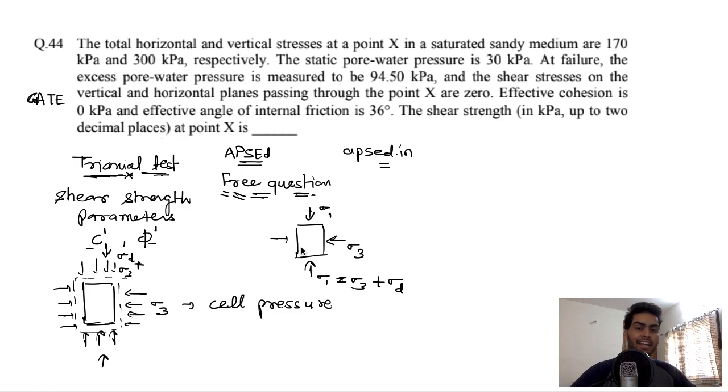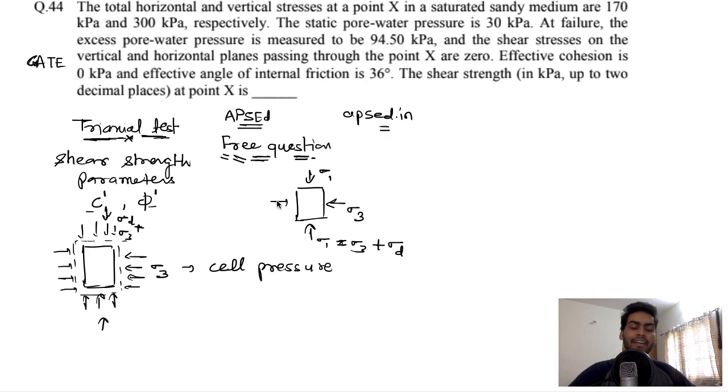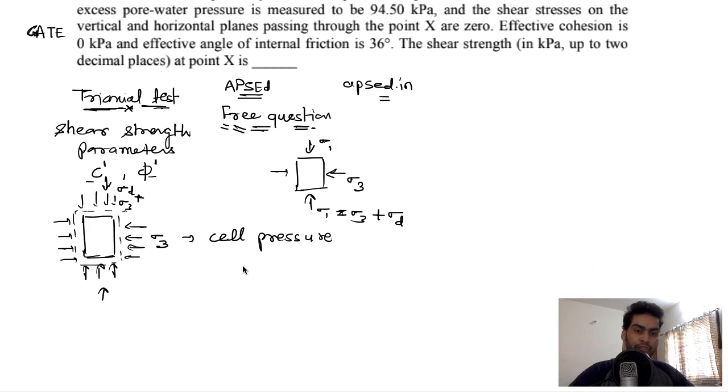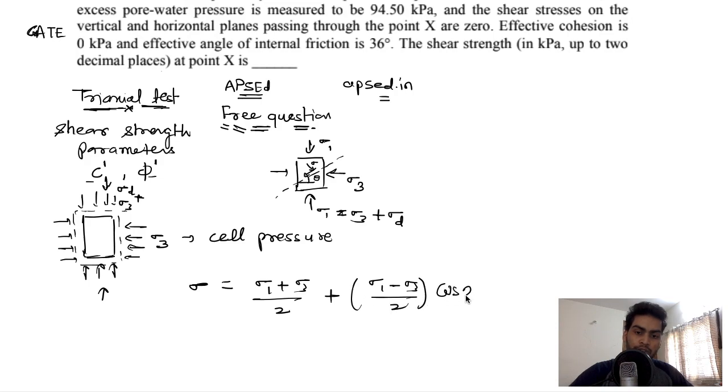Now for such an element, from our understanding of SOM and transformation of stress and strain, we have a few equations. If we take a plane that is inclined at an angle theta from the horizontal, and on that plane we want to find the normal stress and shear stress, the normal stress sigma on this plane inclined at theta is given as (sigma 1 plus sigma 3) upon 2 plus (sigma 1 minus sigma 3) upon 2 times cos 2 theta.